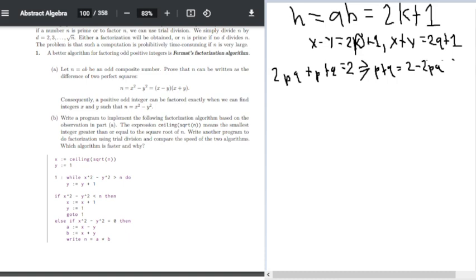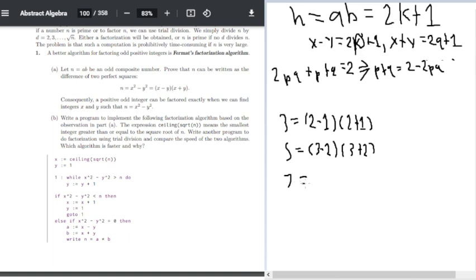So let's run through some examples just to get a better idea. Before we worry about all this, I'll keep that up there. So we have 3 is equal to 2 plus 1, 2 minus 1. We have that 5 is going to be equal to 3 plus 2, 3 minus 2. We have that 7 is going to be an odd composite number.